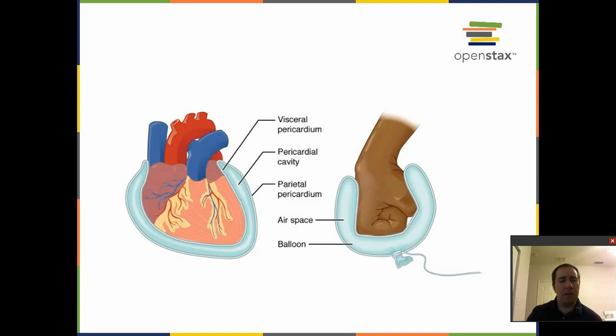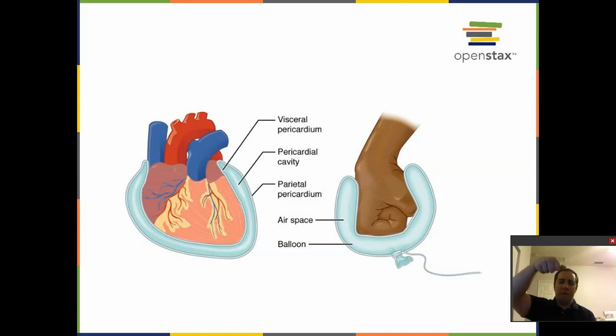On the left, you see the heart surrounded by the pericardium. Now we've labeled some parts of the pericardium here. We have the visceral pericardium and the parietal pericardium. The visceral pericardium is the part of the membrane that touches the organ. The parietal pericardium is the part of the membrane that is away from the organ, right?